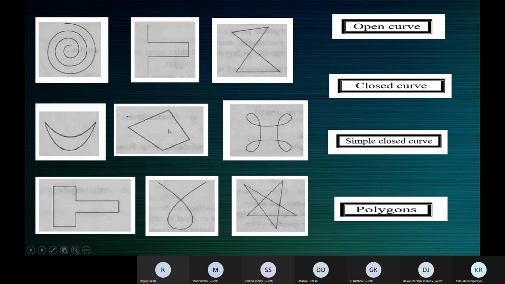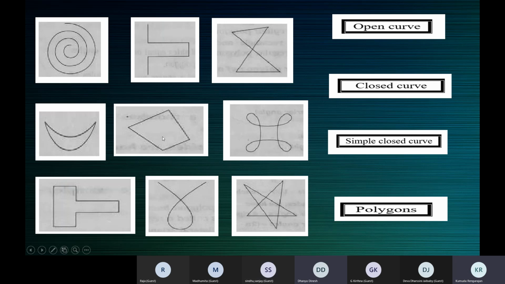And is it made up of only line segments, children? Yeah, it is made up of only line segments. So this one is a simple closed figure made up of only line segments. So what do you call this?